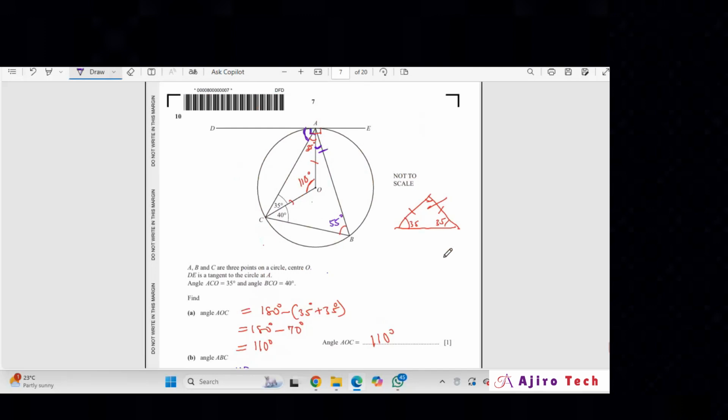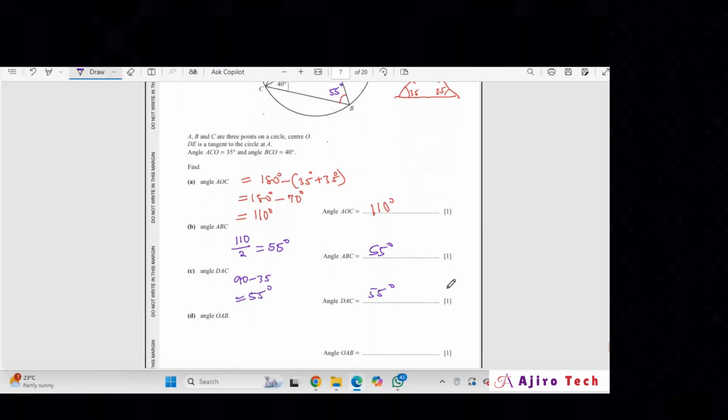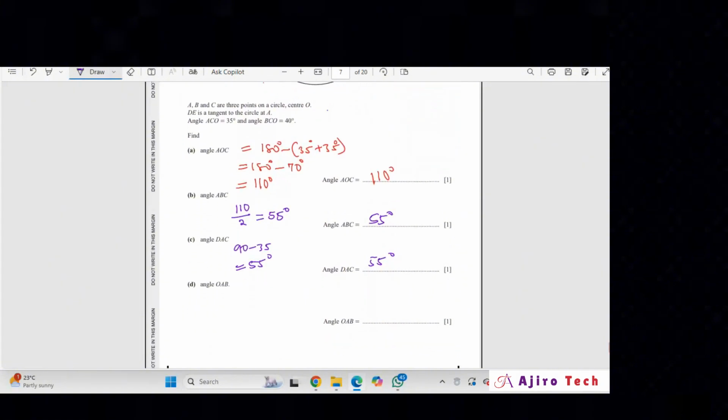I don't know whether you understand that now. So we're looking for that angle, which is OAB. If you want to find that angle now, what you just need to do is 35 plus that angle you are looking for, which is angle A, plus 55, plus 75. Then you put it equal to 180 degrees.